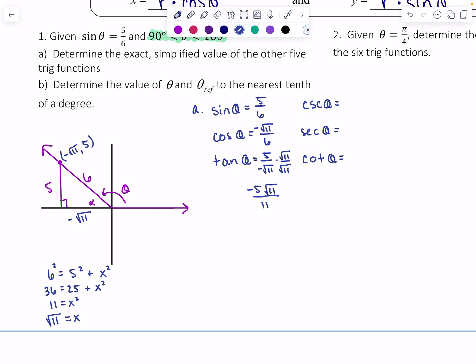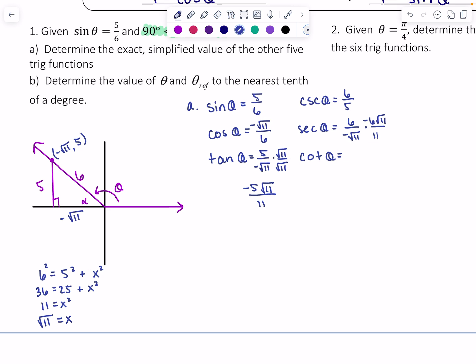And then our cosecant of theta is 6 over 5. Our secant theta is 6 over negative square root 11. And again, we're going to rationalize. So we get that this is, actually I'm just going to take this back so I have room to work. Negative 6 square root 11 over 11.